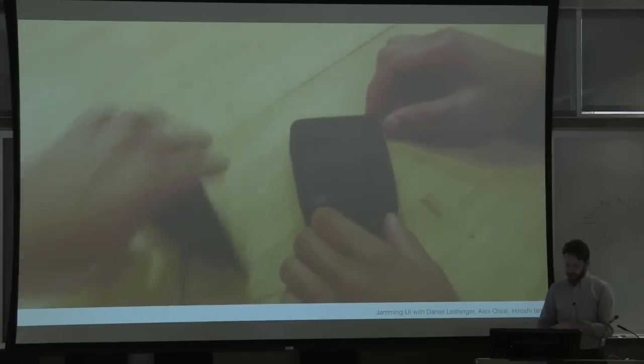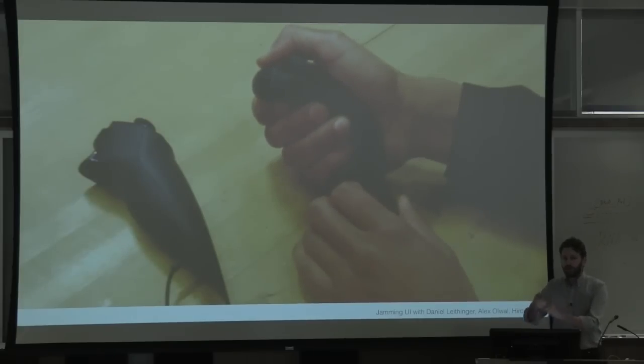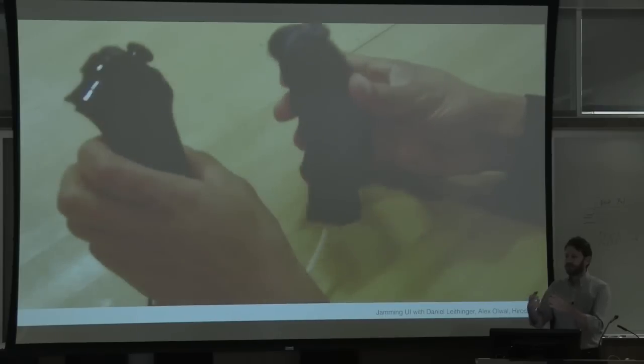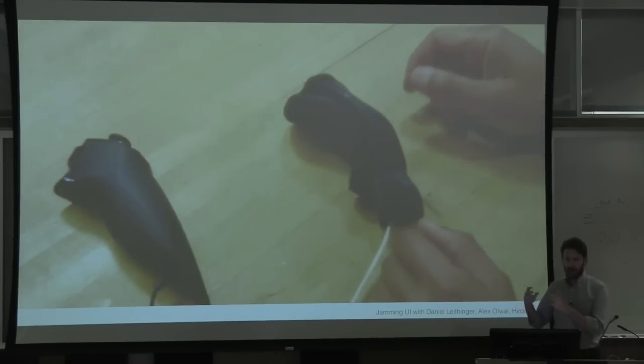This is a project with Alex Owal and Daniel Leithinger, thinking about how we could deform objects into the different affordances that we need and lock them in there. It uses granular jamming to lock the shape of these devices. As opposed to the previous work where the computer determines the shape, here the user changes the shape and that informs its functionality.